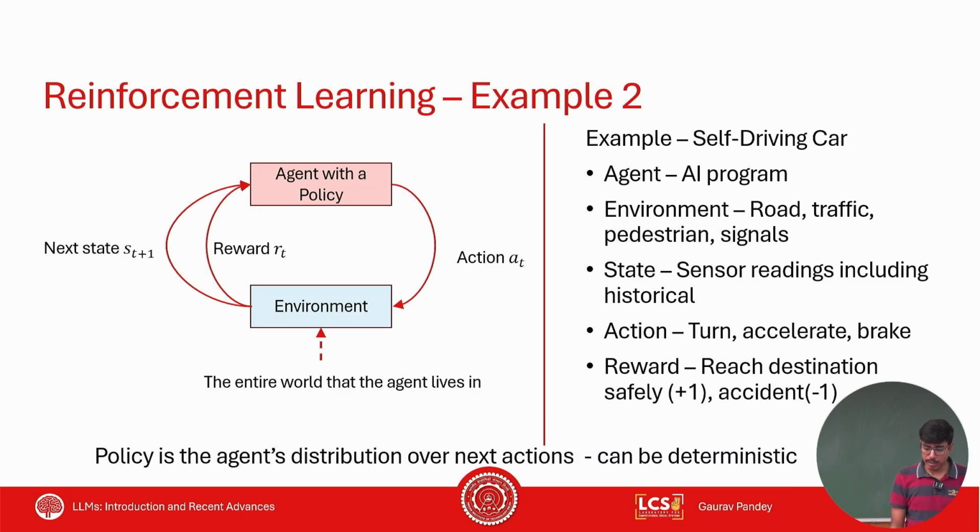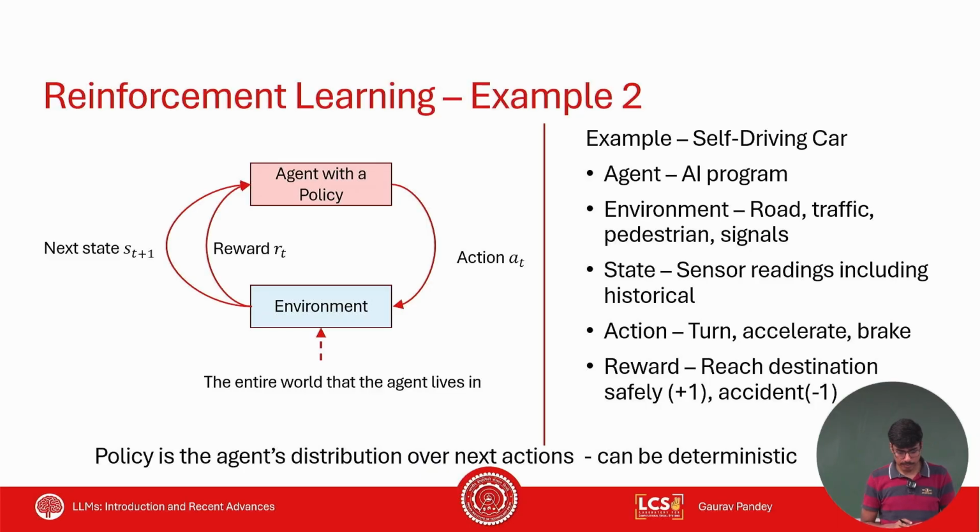Another example is that of a self-driving car. In a self-driving car, your agent is the AI program that will decide where the car should move, whether it should accelerate, decelerate, and all of that. The environment is the entire real environment: the road, the pedestrians, the other cars, everything that the car the AI is driving has to interact with.